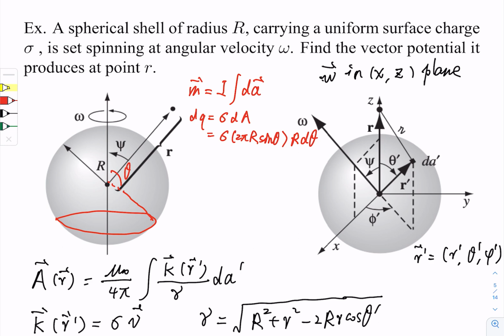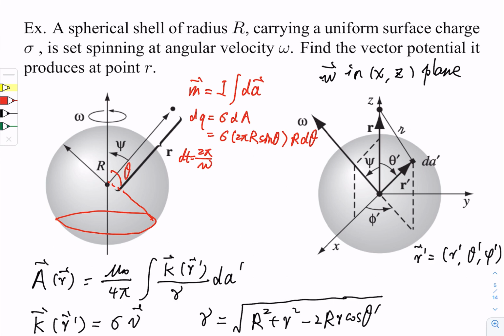Now this amount of charge is actually moving in time, and what it takes to finish one loop is 2 pi over omega. So here dt equals 2 pi over omega.